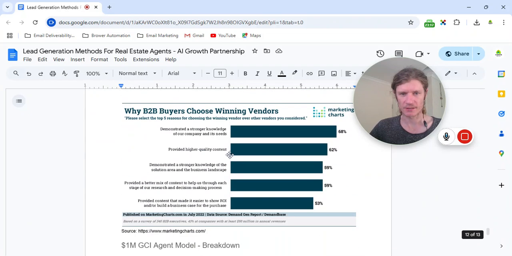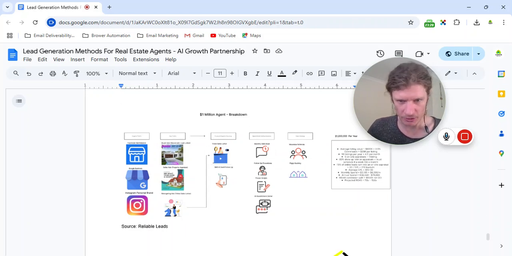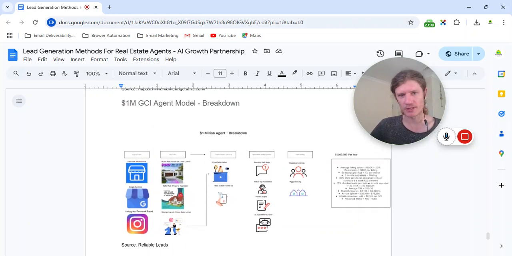There's some interesting points here. The only other thing that I want to touch on quickly is this $1 million agent breakdown.